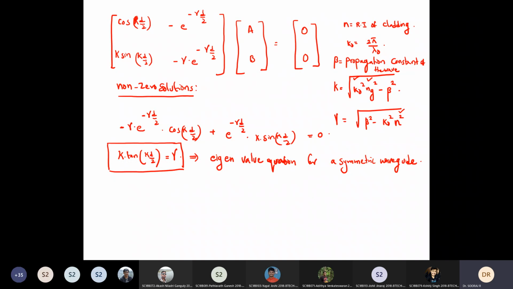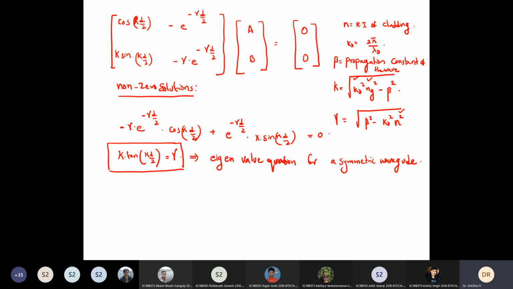We were talking about the TE mode. So for a TE mode, the beta that we are going to find would be the propagation constant of the TE mode. If the waveguide is going to support only one TE mode, then the beta you are calculating would be the propagation constant of the TE mode supported by this waveguide.